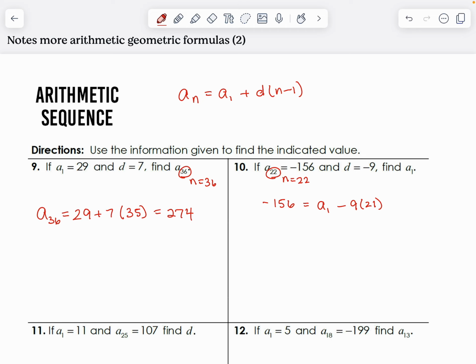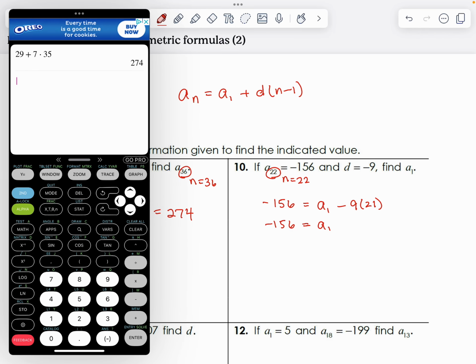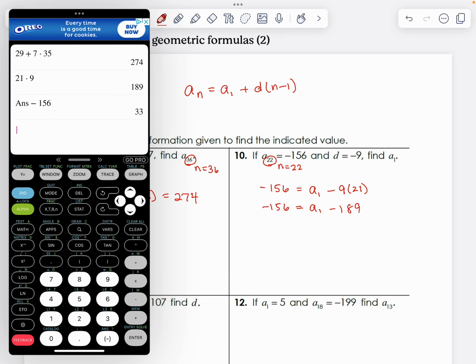So we're just going to do negative 156 equals a sub 1, and we're going to calculate our 9 times 21, which I could do without a calculator here. It's going to be 189, and I'm going to add that to my 156, so a sub 1, our first term, is 33. There we go.